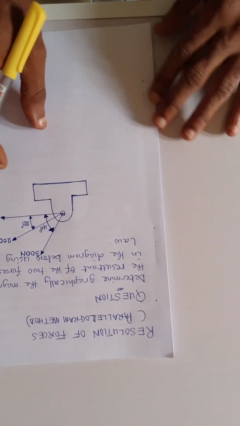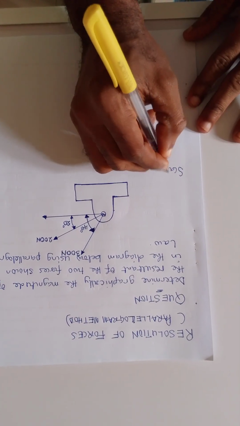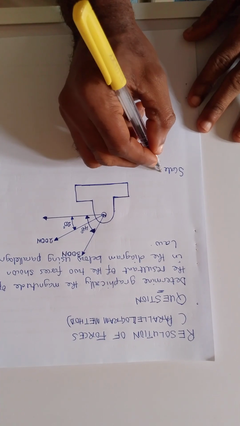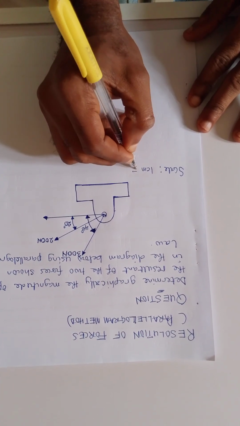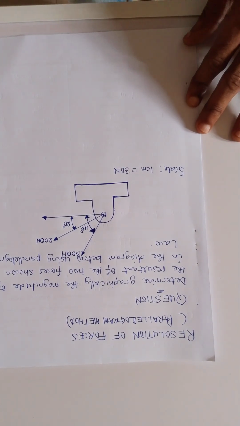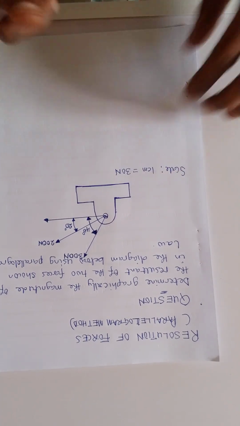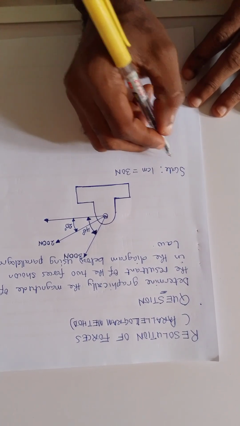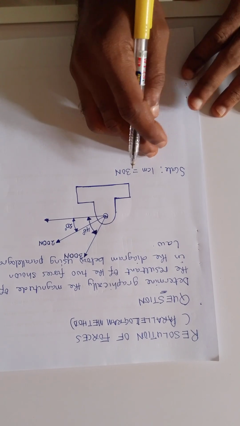And so we take a scale. Let 1 cm equal 30 Newton. And so for the 200 Newton force, let's find the cm equivalent by using this method.